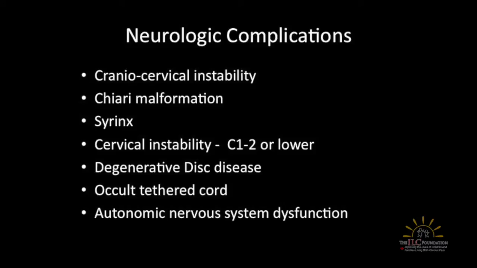People with Ehlers-Danlos syndrome have a remarkable predisposition to degenerative disc disease. When we look at the MRIs, even of people in their teens, we see that the discs have shown evidence of degenerative disc disease. Occult tethered cord is another phenomenon, and the autonomic nervous system dysfunction has manifold consequences.